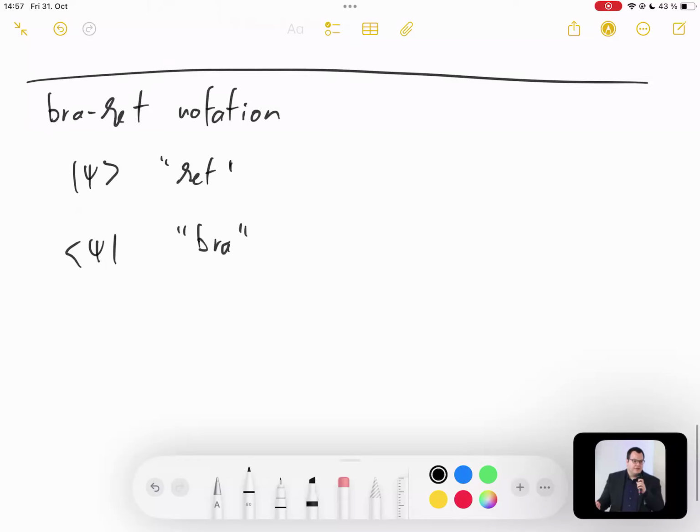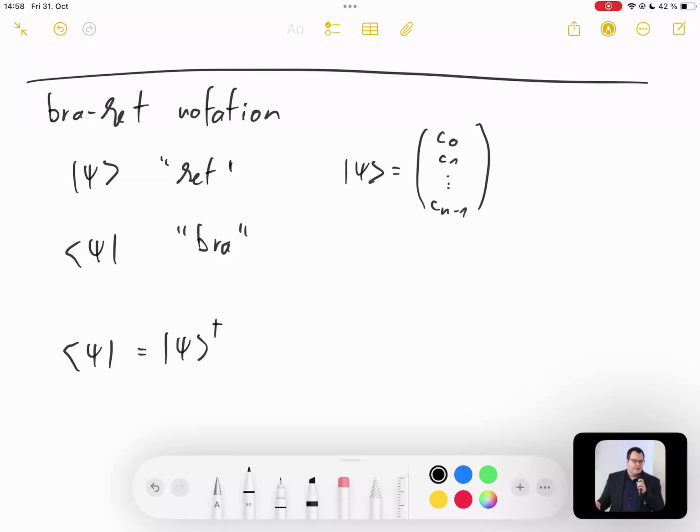If I want a psi bra, the way I can get it is I take the psi cat and calculate its adjoint. Remember our psi cat was a column vector of entries C0, C1 up to Cn minus 1.